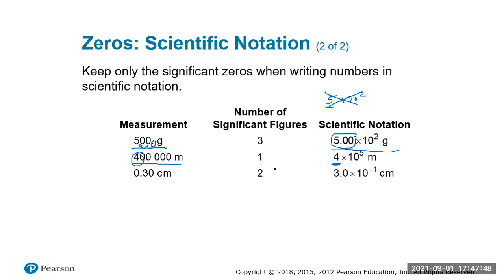You do need to maintain the same number of significant figures. Same thing here. This actually has two significant figures. The original number, the 0, is significant. So when we bring it into scientific notation, we keep the two significant figures. Any questions on that?